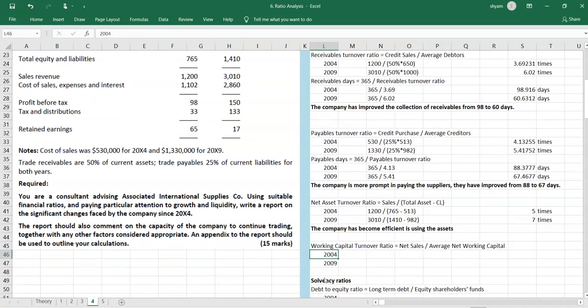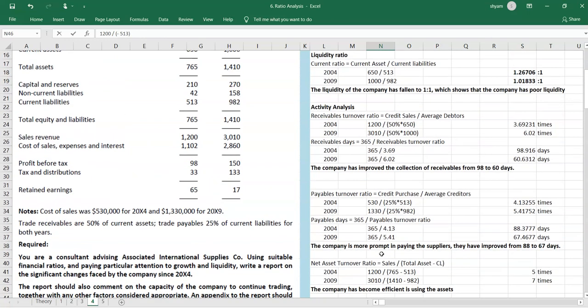So let's get the working capital turnover ratio. Again here it's going to be the sales only, so we can copy from above. What is going to change is that rather than total assets, we'll use the current assets.